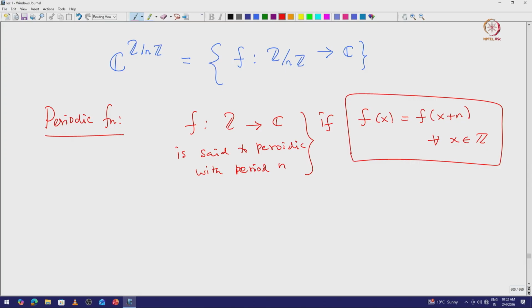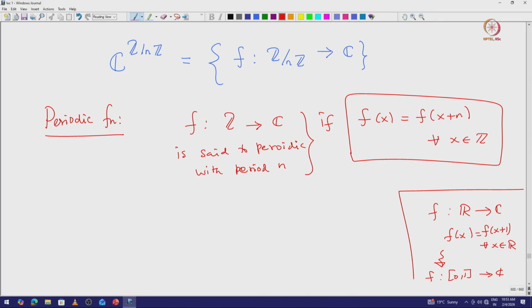Usually we talk about functions defined from R to C that have period, let us say capital T. Suppose that T is 1, then that would correspond to functions from the closed interval 0 comma 1 to C. So, suppose f is a function from R to C such that f of x equals f of x plus 1 for all x in R. So, this indeed corresponds to a function from the closed interval 0 comma 1 to C. Okay.